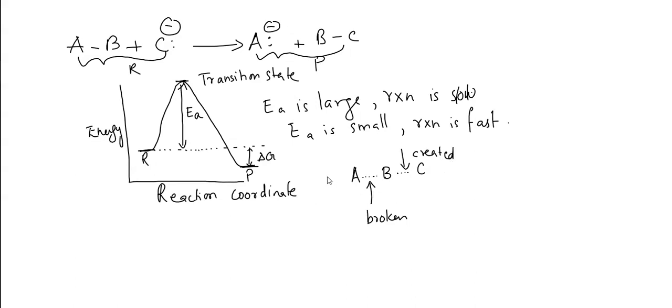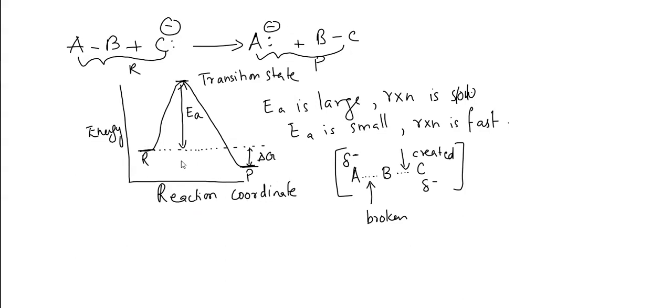And since we have A minus, we can put that it is slightly getting a negative charge, and here C had a negative charge, so it also has a slight negative charge. So this is a stage which represents our transition state. So this is how you represent an energy diagram.